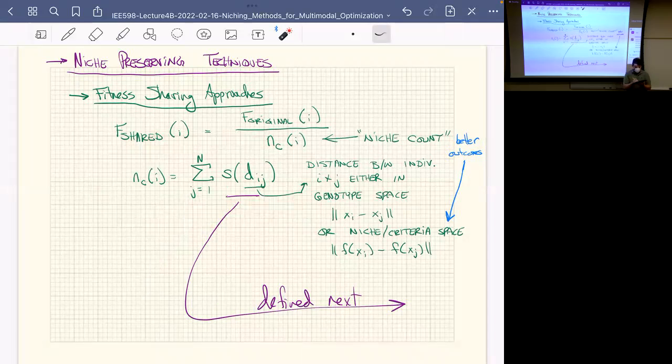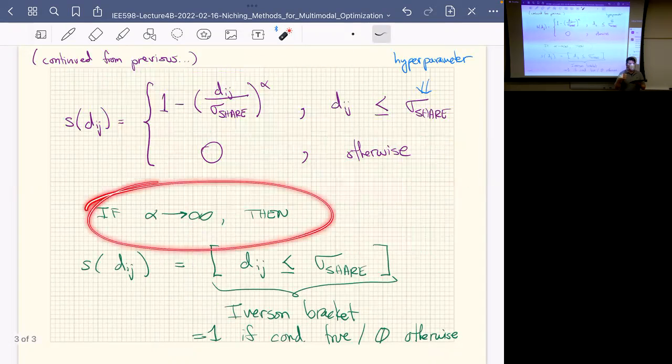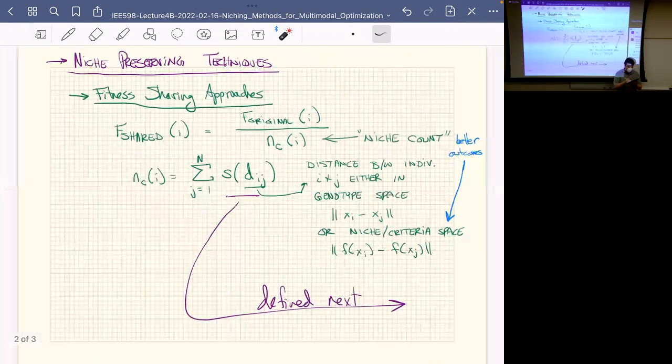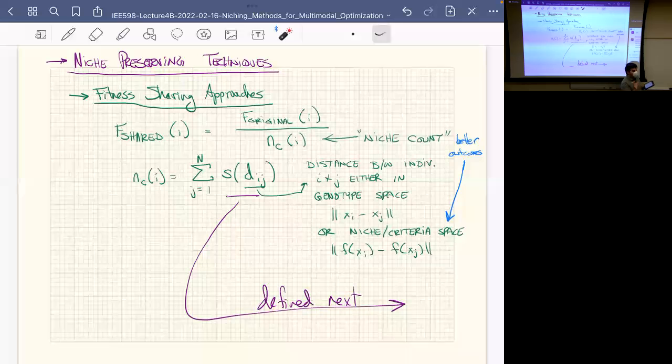It's like a scaled count. And so it's going to go through every individual. And when alpha is equal to infinity, it says, are you within this sharing radius? And if you are, you get a 1. If you aren't, you get a 0. And so when alpha is equal to infinity, all this does is count up how many individuals are within some sharing radius. And so as a hyperparameter, I define the radius of a niche.